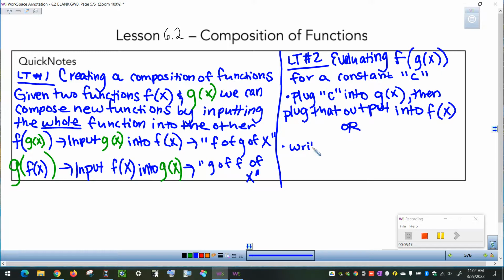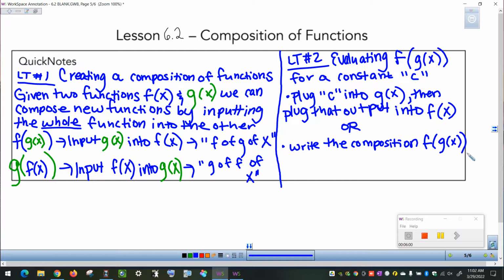So another way to do it is to actually write the composition f of g of x in terms of x, so composing the functions but keeping the variables in there, which is kind of like what we did in the activity back there in number 5.